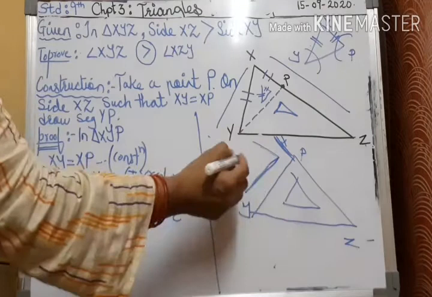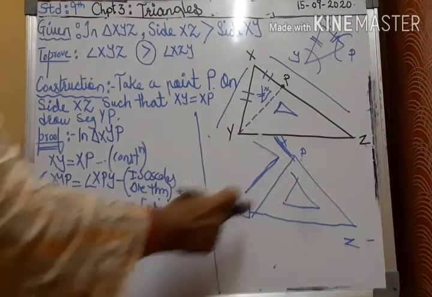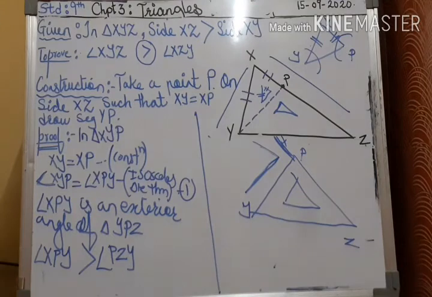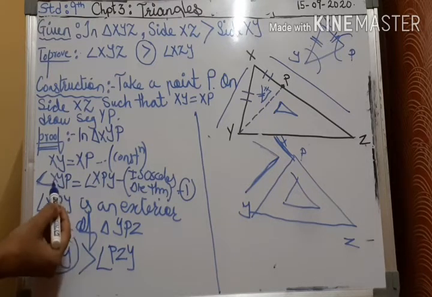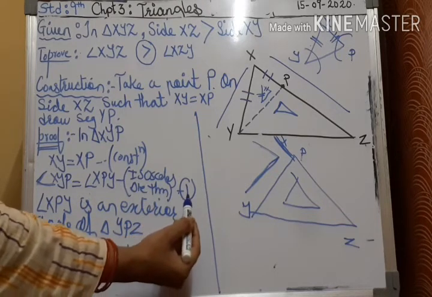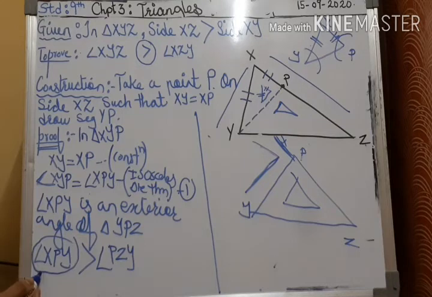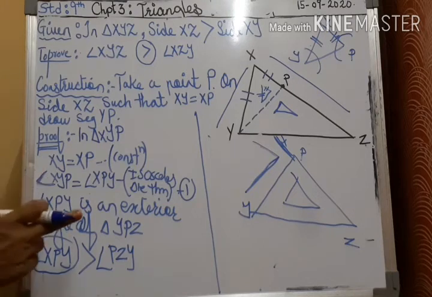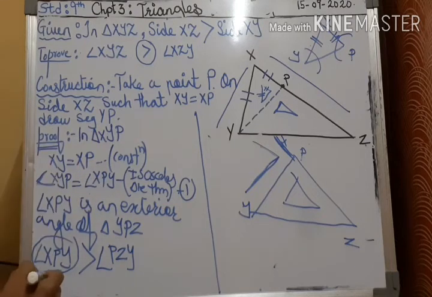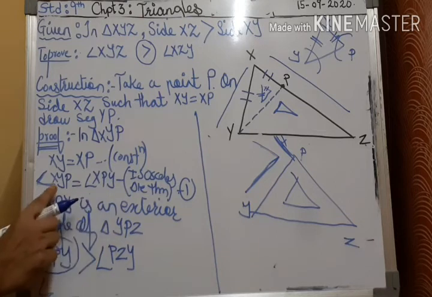This angle XPY is greater than PZY. So student, in the place of XPY we will put XYP, because these two were equal to each other, we got this from the isosceles triangle theorem, and we gave it as 1.